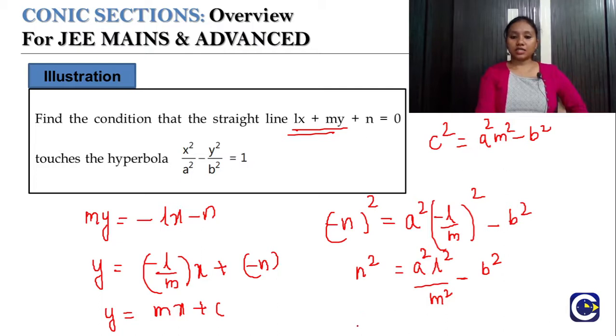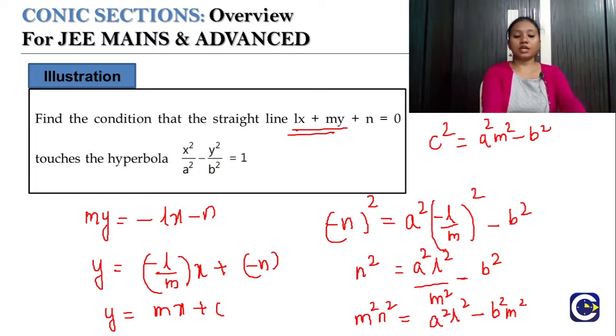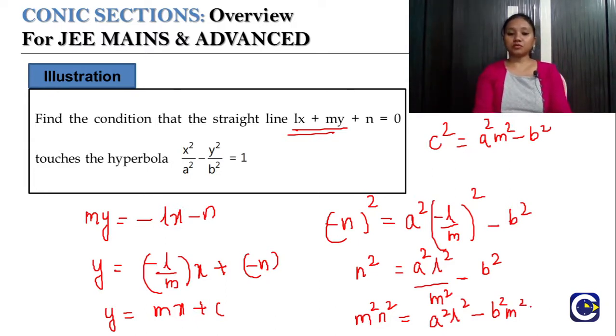If we take the LCM, it will be n square is equal to a square l square minus b square m square. Now you can simplify it further to get the condition here.